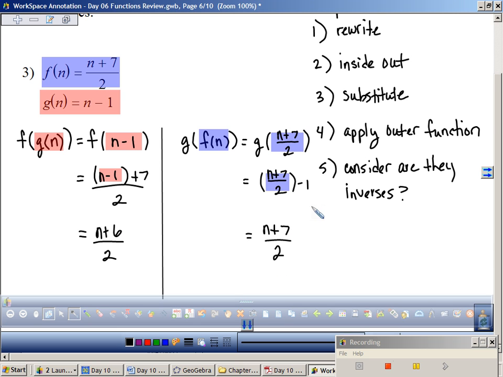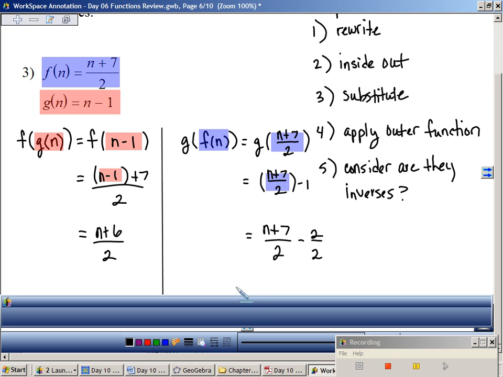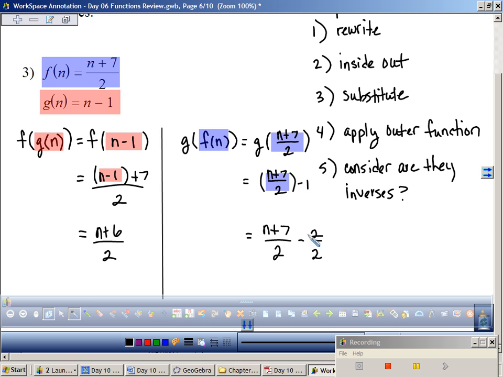It is not n plus 6 because when you subtract 1 on the outside of that parenthesis, you have to make sure they have the same denominator. You can't just subtract. This is halves subtracting 1. You can't compare apples to apples until they look like apples and apples. This is apples and oranges.